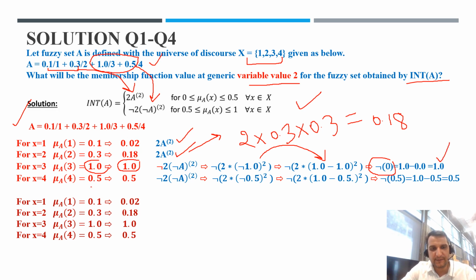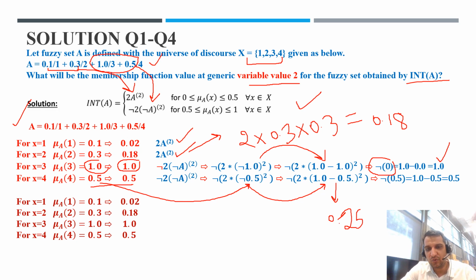For the case of 0.5, again take the negation of 0.5, which is 1 minus 0.5, again 0.5. The square of 0.5 is equal to 0.25, and again we have to multiply by 2, so 2 into 0.25 is 0.5.